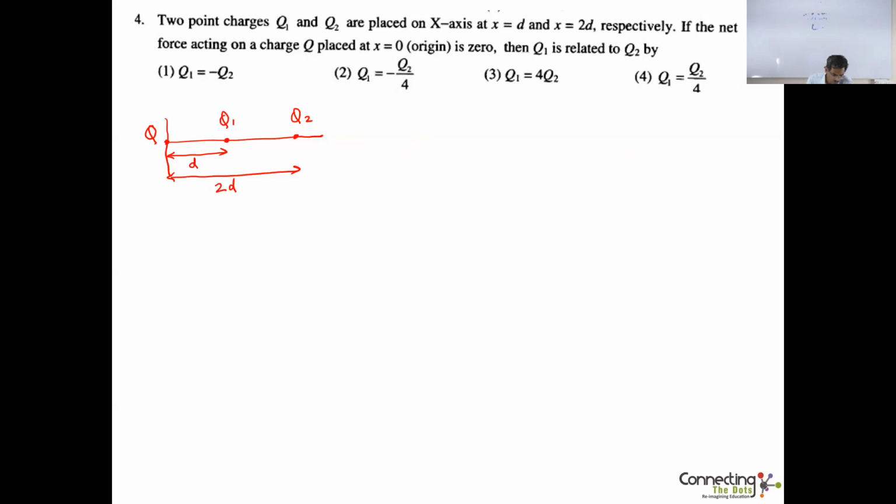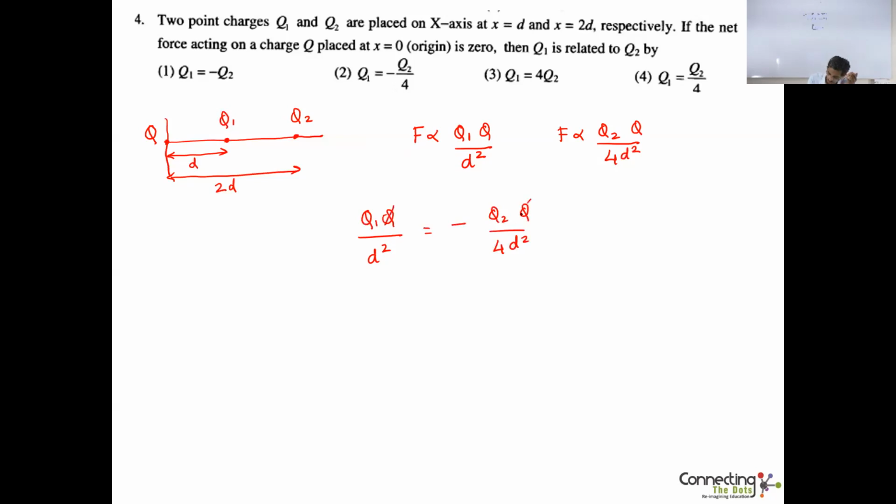So let us say that the force exerted by Q1 on Q is, the force exerted by Q2 on Q is, now these two are equal and opposite. So we say Q1 Q by d square is equal to minus Q2 Q by 4d square.